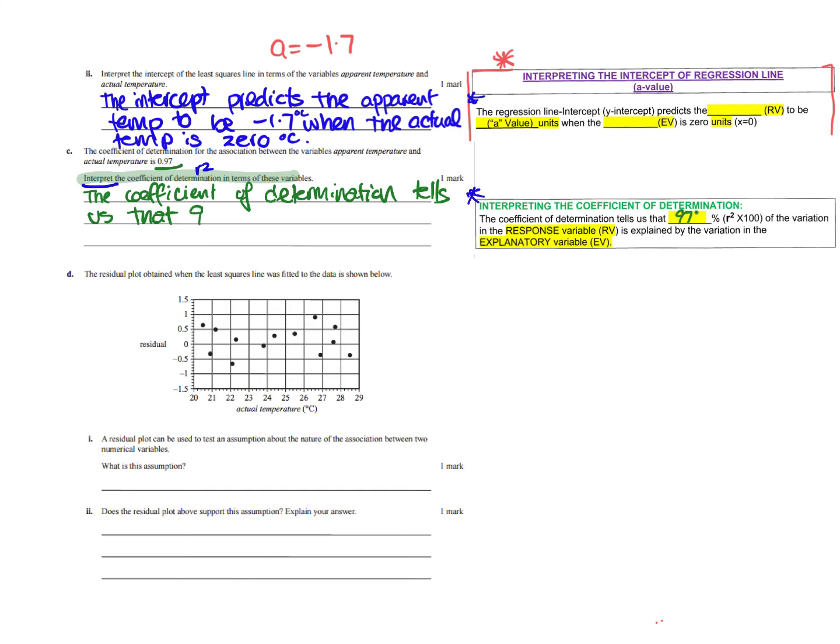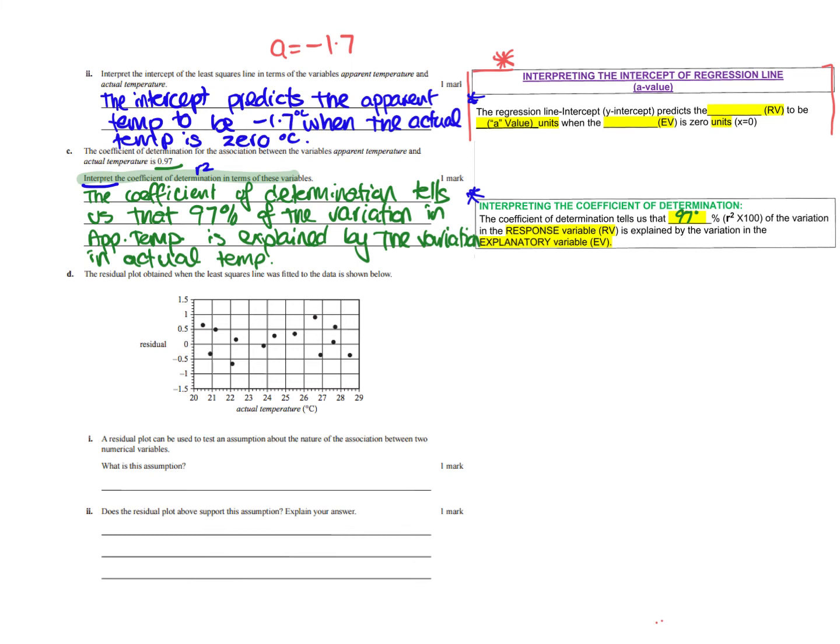So I'm going to say that 97% of the variation in apparent temperature is explained by the variation in actual temperature. Okay, so I'm just filling in the blanks. So there you go. Then the next part.